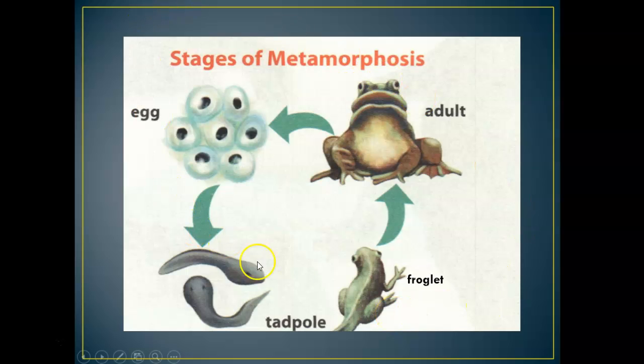But this metamorphosis is an amazing thing. And when you think about this, only God could create something like this, a life cycle. The eggs, the tadpole, the froglet, and then the adult frog, and then the stage goes all over again.